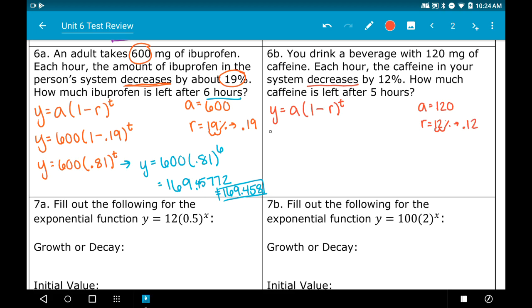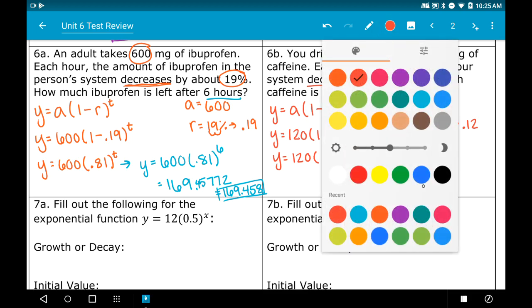So y equals, our A is 120, times 1 minus 0.12 to the power of t. And we simplify that, so we get y equals 120, parentheses, 1 minus 0.12 is 0.88, to the power of t.